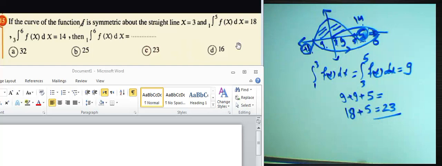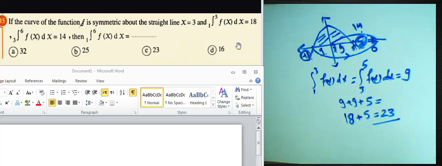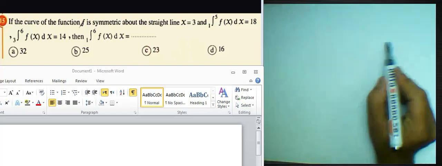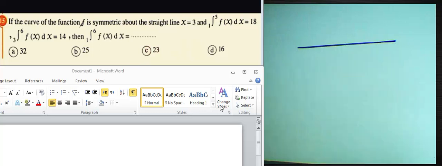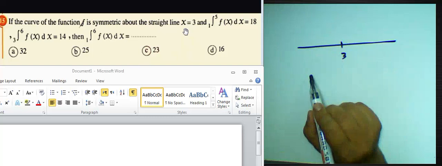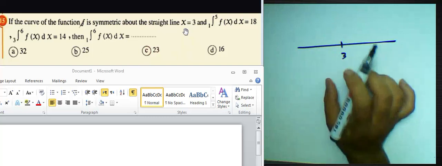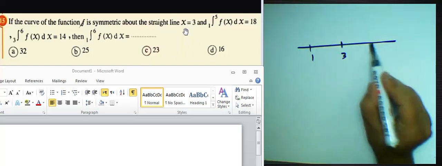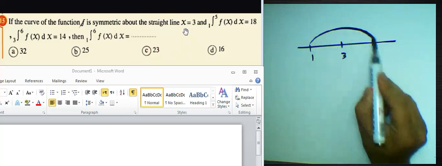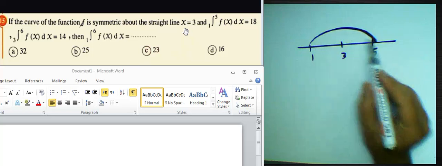Understood? Okay, I will explain this example again step by step. He gives us this information: line of symmetry x equals 3, symmetry about this function from 1 to 5, which equals 18.